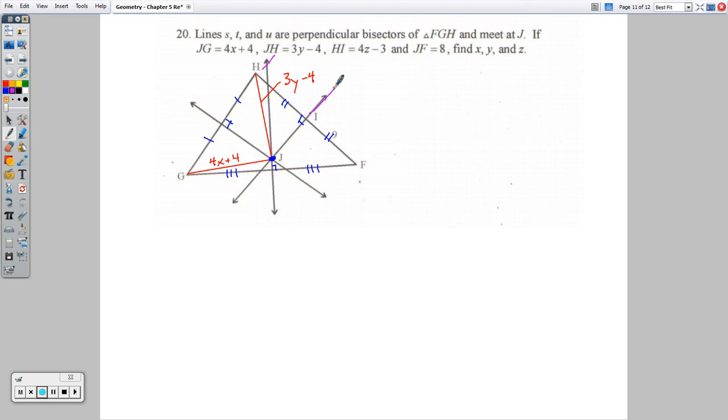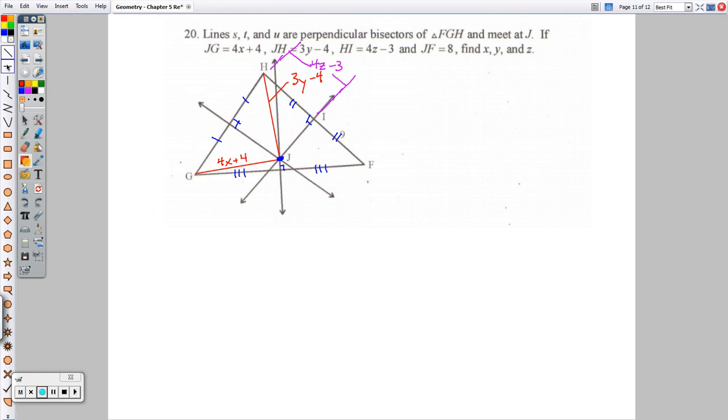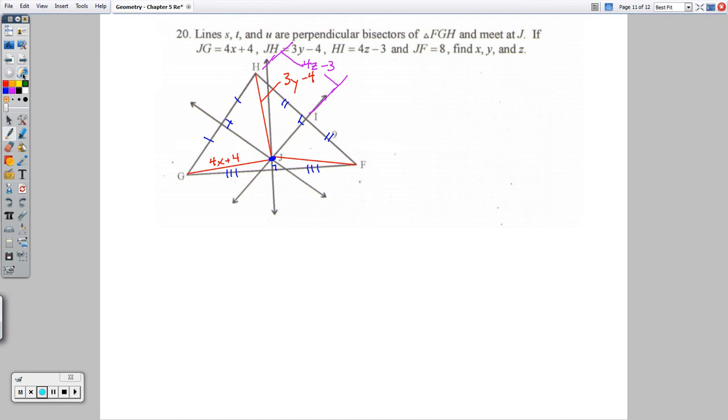From here to here, that we're saying is 4z minus 3. And JF, from J to F, that is going to be 8. So I'll do that one in red again. JF from here to here is going to be 8.